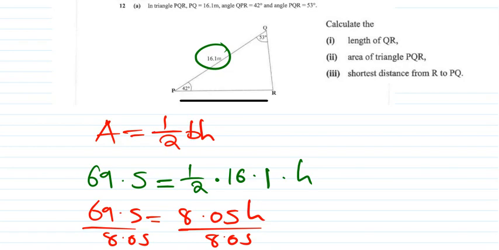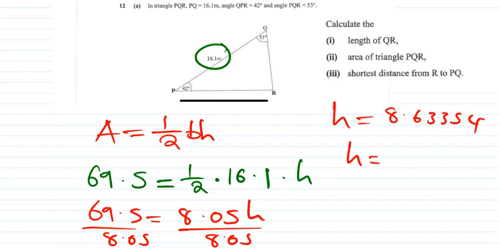Let me grab my calculator. 69.5 divided by 8.05. What I'm getting is 8.63. So our value of height is 8.63354.